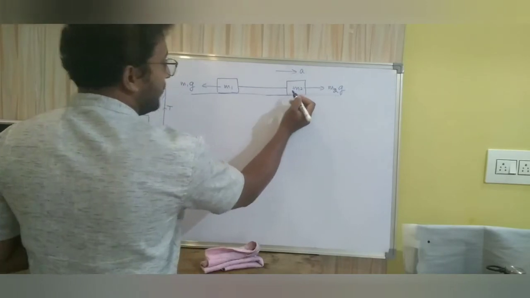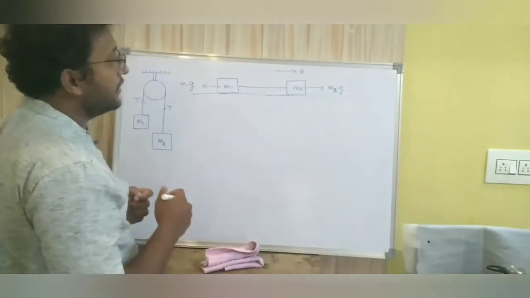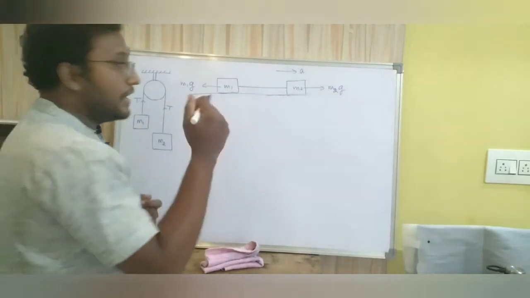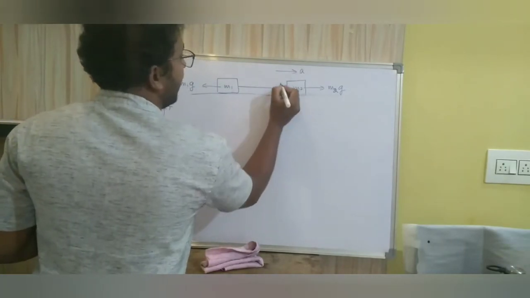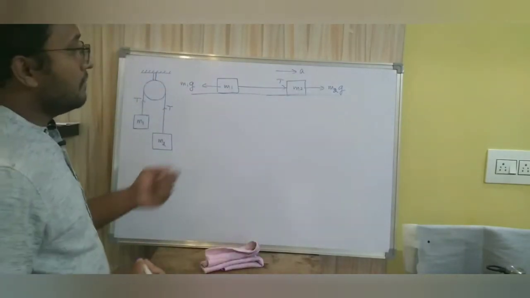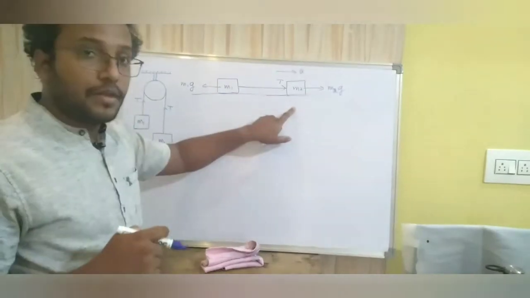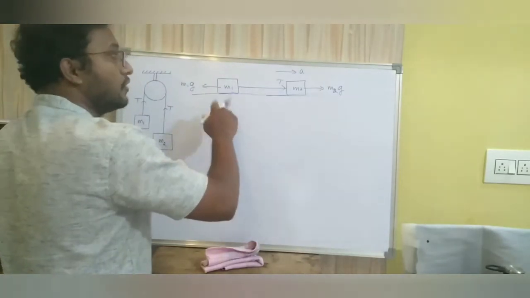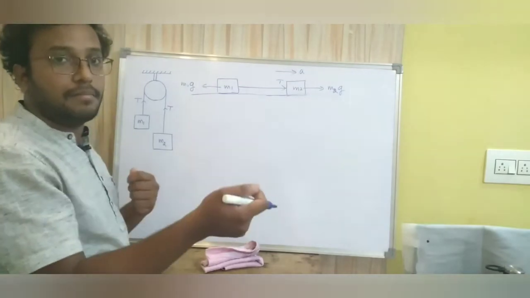When you pull m2 with a force equal to its weight, m2 into g, m2 is actually pulling m1 with a force. Let me call that force tension, which is acting through this string only. I can write that force in this direction, let me call it T. But still the distance between m1 and m2 is not changing, which means m1 is also exerting the same force on m2 through the same string.